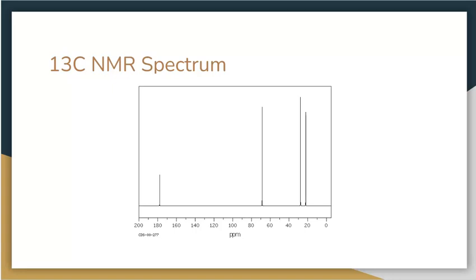Now that we narrowed it down to ketones, aldehydes, and esters, let's look at the carbon-13 spectrum to see if it can help us further. First thing I notice is that there are 4 peaks, and based on our molecular formula, I know that there are 4 carbons. This tells me that there is no symmetry in the molecule. From the IR spectrum, I know that we have a carbonyl carbon that typically falls between 180 to 220 parts per million.